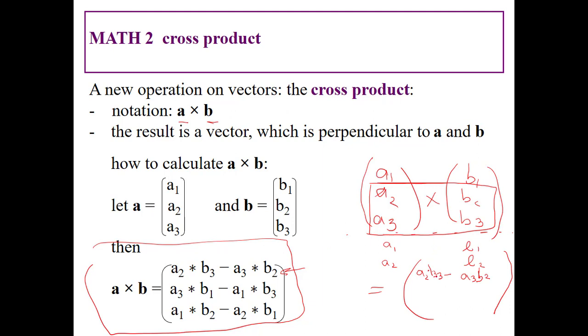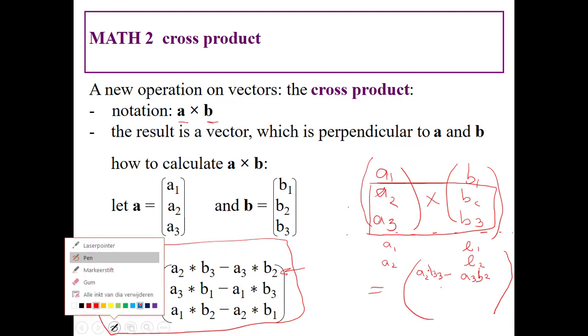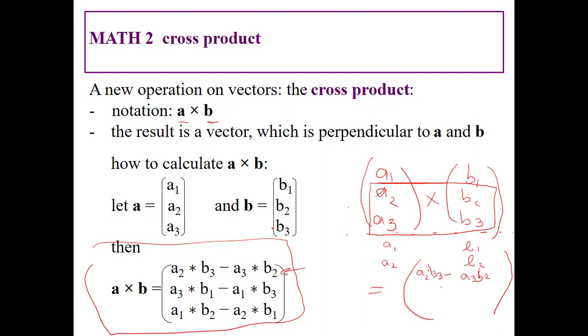Okay, for the second position, on the Y spot, we'll just draw a rectangle underneath the A2B2. So I'll take another color. We'll draw a rectangle like this one.